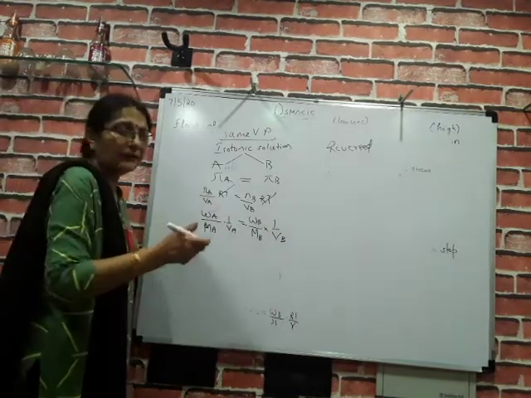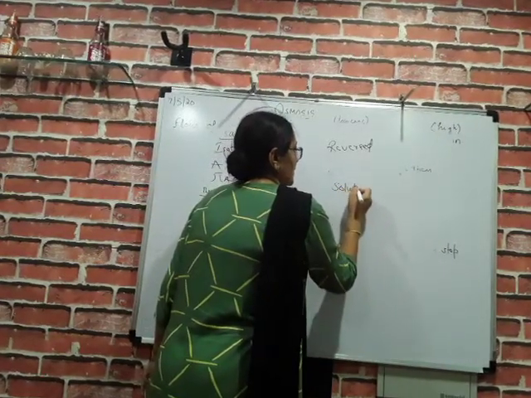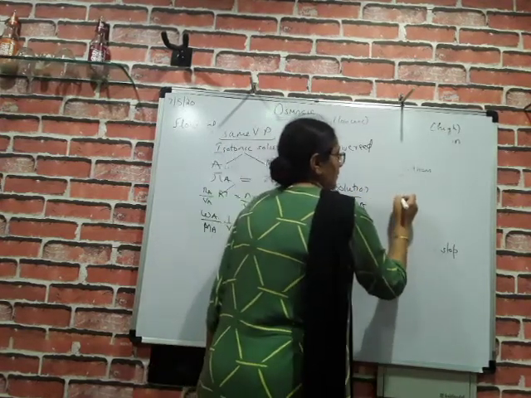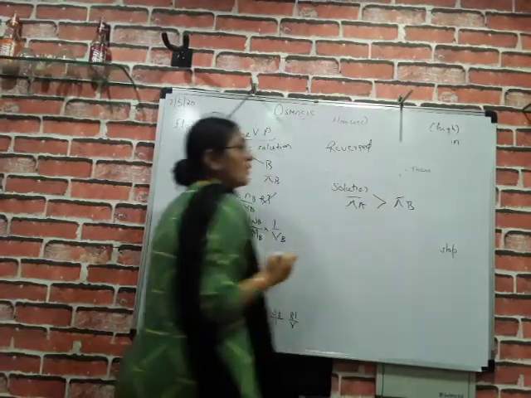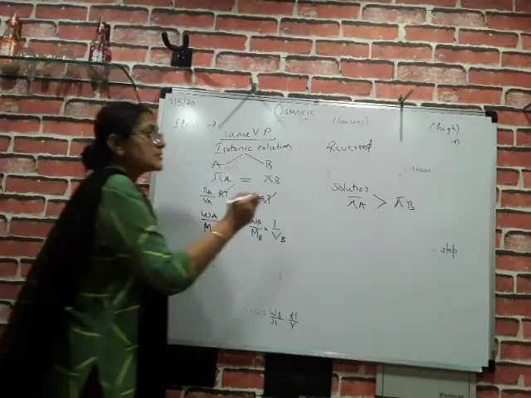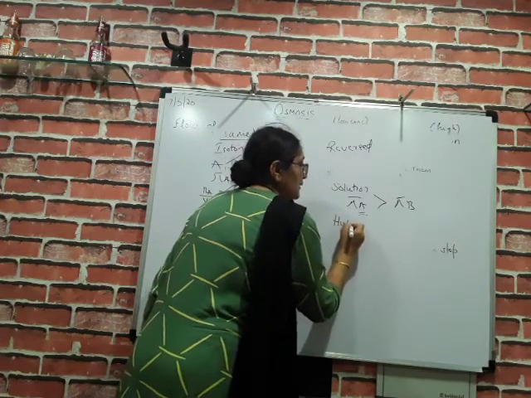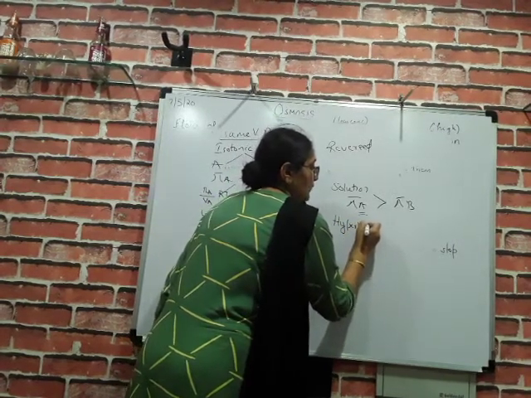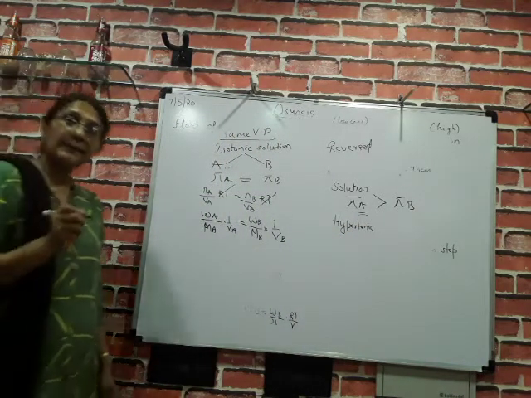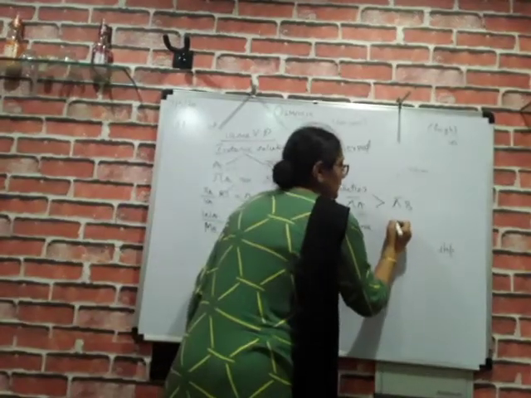Now as I have brought two solutions, pi A, pi B. Suppose osmotic pressure of A is more and B is less, then solution A will be known as hypertonic. What will we call it? Hyper मतलब ज़्यादा, so it will be known as hypertonic solution, and the one which has lower osmotic pressure will be called hypotonic solution.